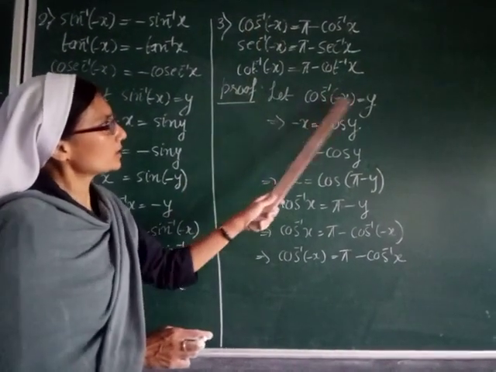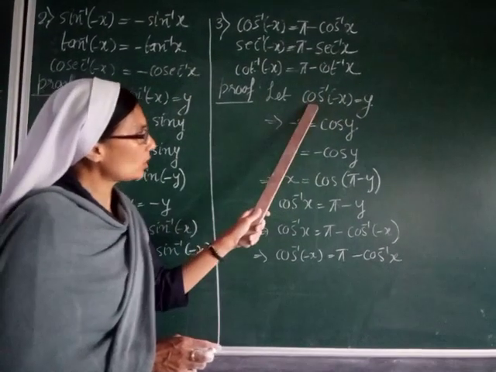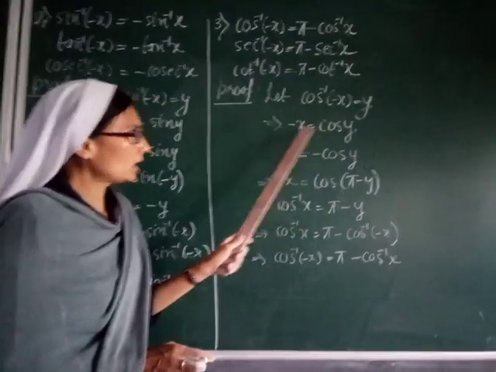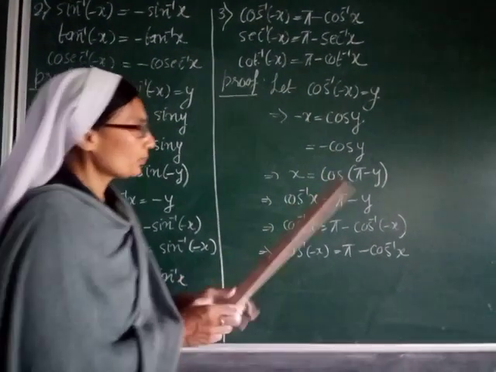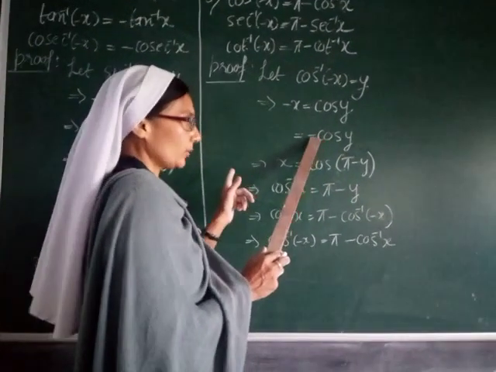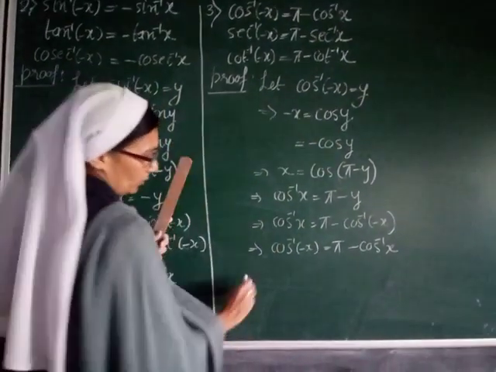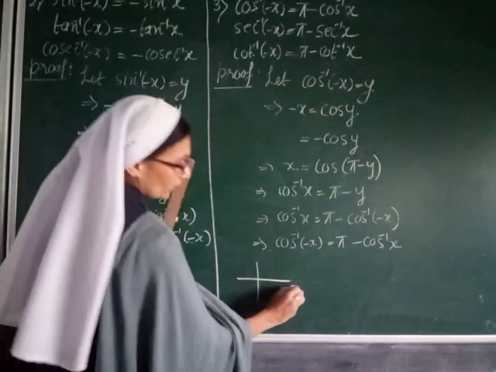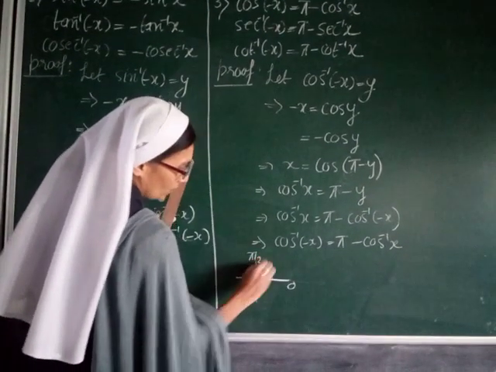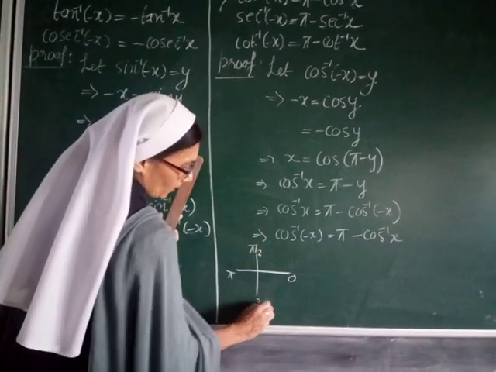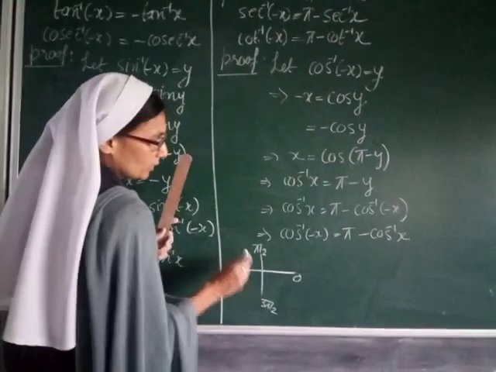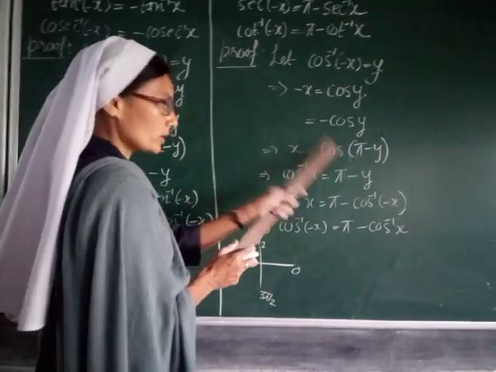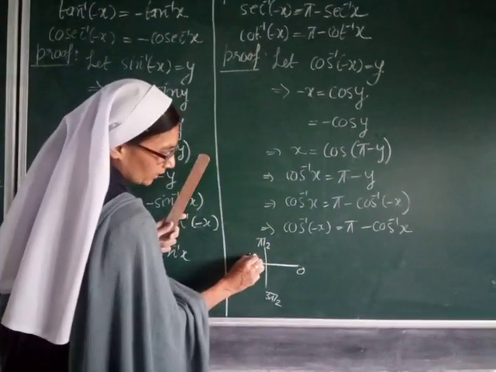Cos inverse minus x is equal to y. Transfer cos inverse here, it becomes cos. Take this minus here. Now here cos is negative. When cos is negative, you remember this quadrant. This is 0, this is pi by 2, this is pi, and this is 3 pi by 2 or minus pi by 2. So cos is negative in this quadrant.